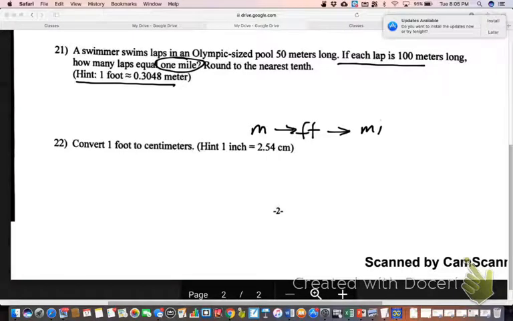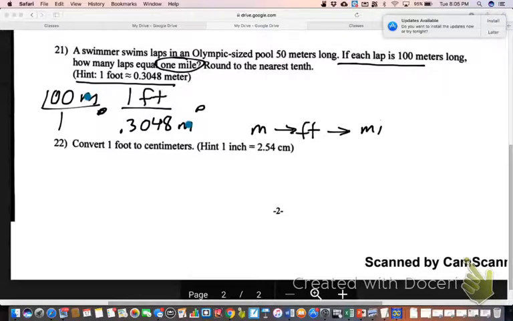So here's how I'm going to set up my conversion factor, which a whole bunch of you guys did the setting up part right. Okay, so I've got 100 meters over 1, and I'm going to use the conversion factor that they gave me, which is 1 foot is equal to approximately 0.3048 meters. I'm going to put the meters in the bottom so that these meters will cancel out with those meters.